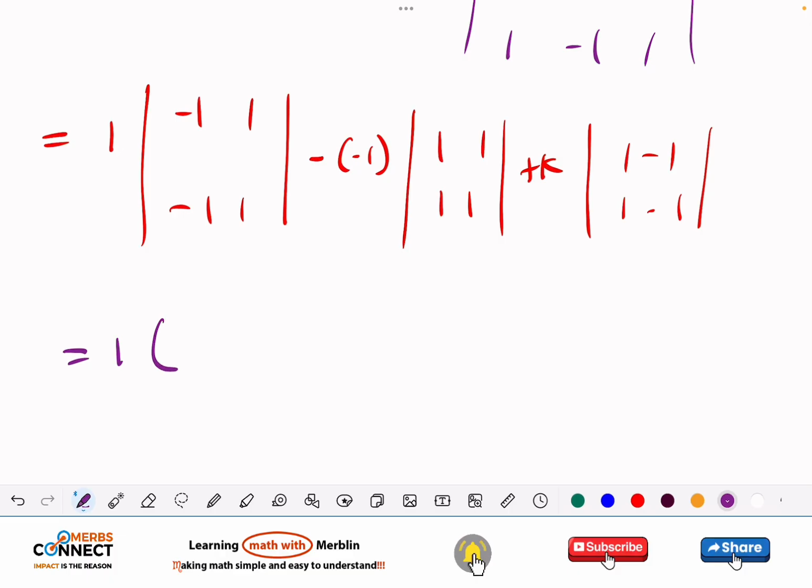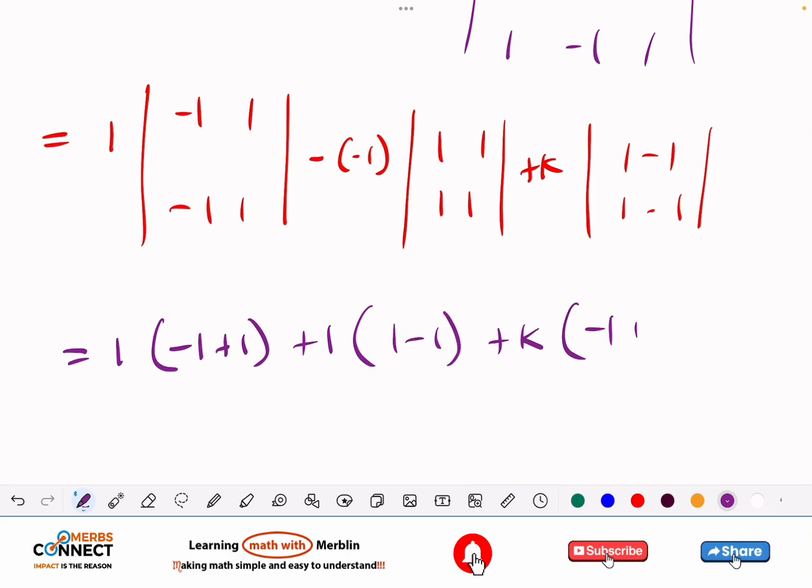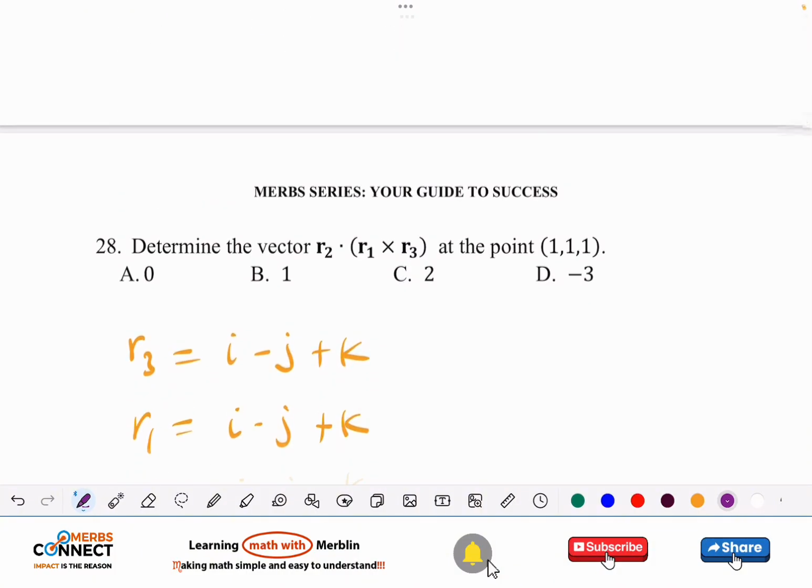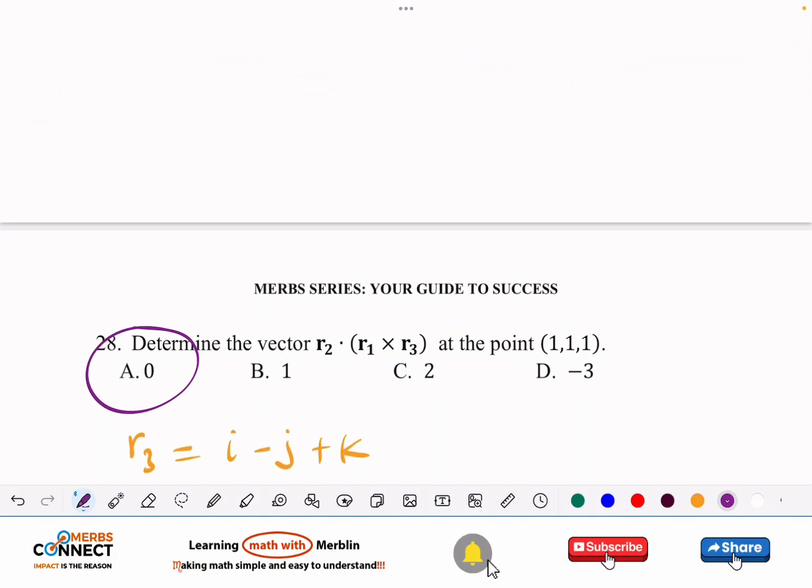This is kind of like getting to 0. So it will be 0 plus 0 plus 0, and this will be 0. Okay, let's see if we have 0 there. Okay, we have it there to be A.